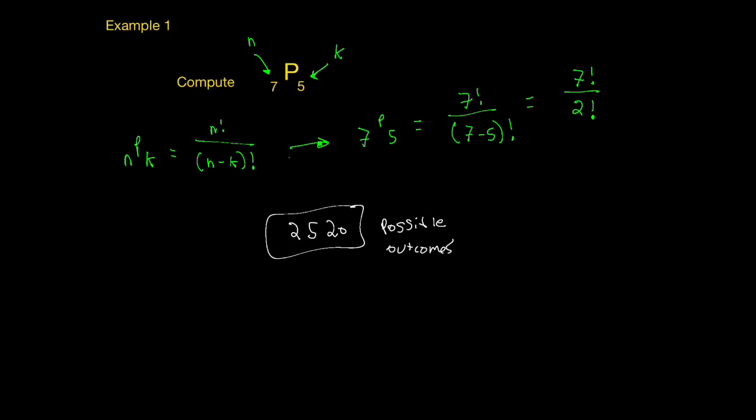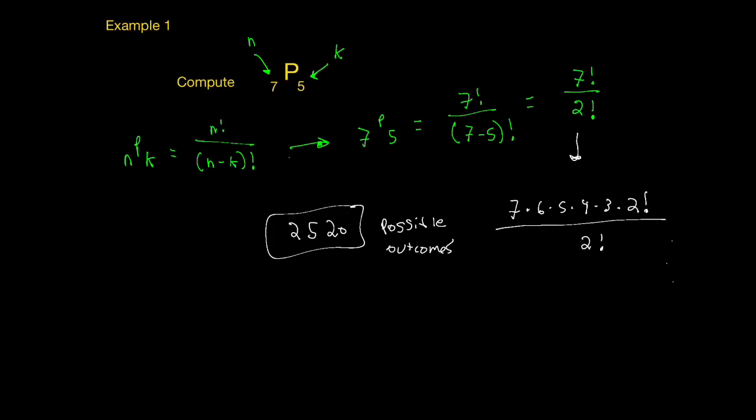Now, if you don't want to use the calculator, what you could do here is expand the numerator. So here, my numerator, I'm going to expand it up until the factorial that I have on the bottom. So here's what I mean. So we have a 7 times 6 times 5 times 4 times 3 times 2, and here I'm going to end the factorial there, divided by 2 factorial.